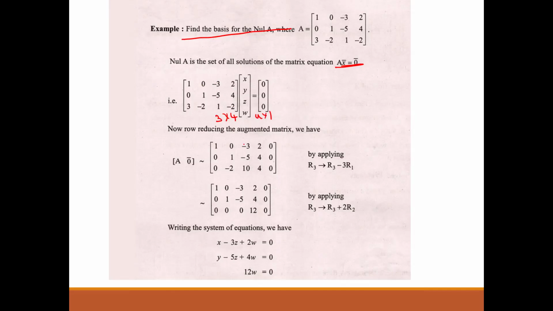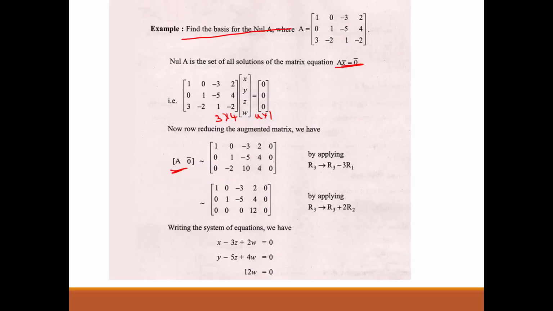Okay. Take the augmented matrix. To find null A, always remember, you have to take the augmented matrix A 0. So we have to make it into echelon form, I'll explain it to you, taking the matrix clearly.